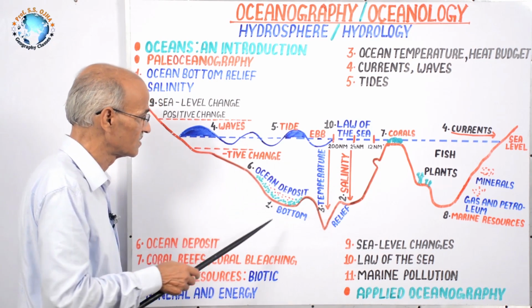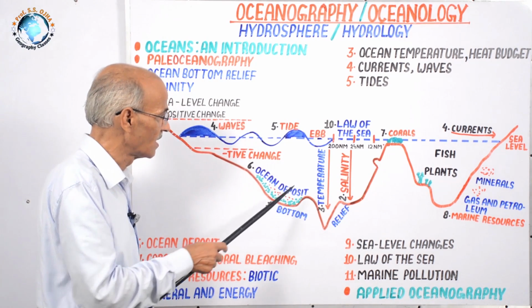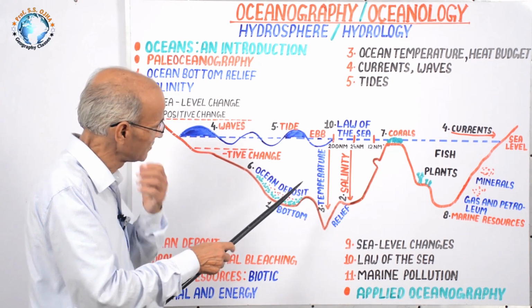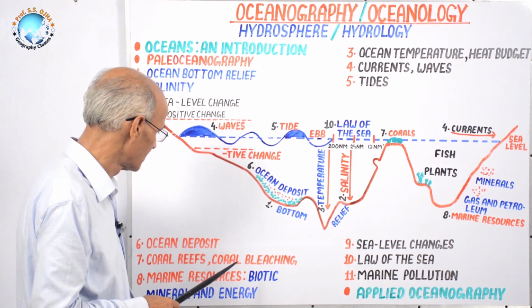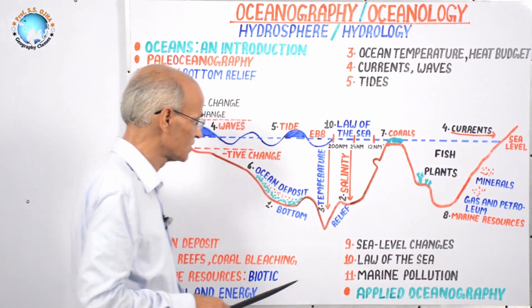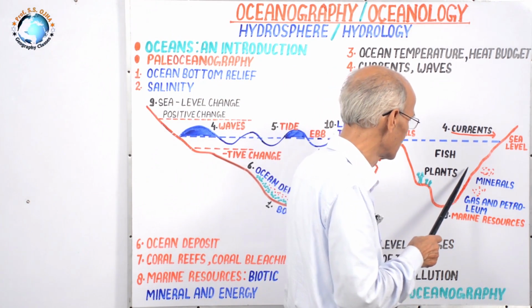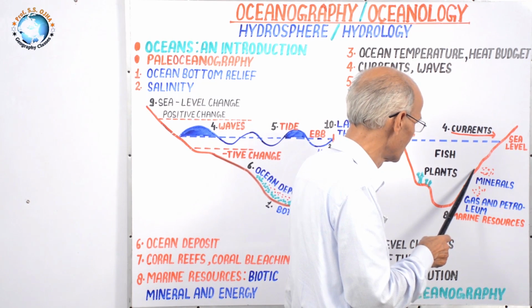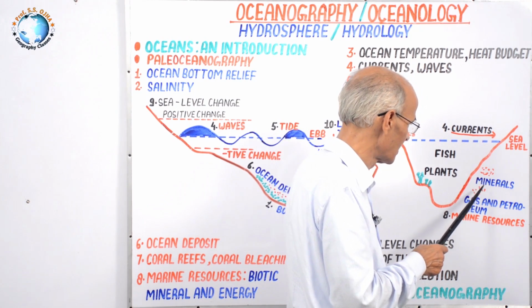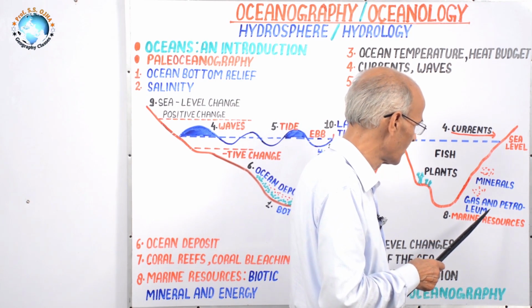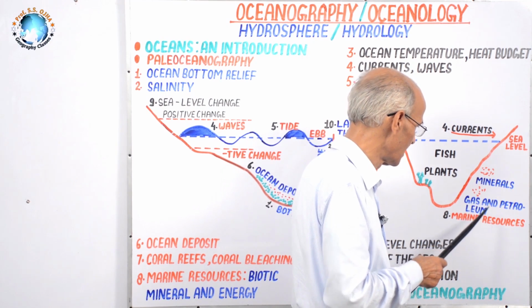In biotic, we see that fish, flora, fauna and others are found which are of medicinal importance also, and mineral resources are also found here, like in the ocean bottom at some depth special minerals like aluminium, polymetallic nodules, iron and nickel are found.